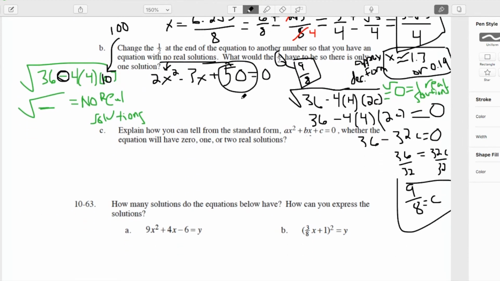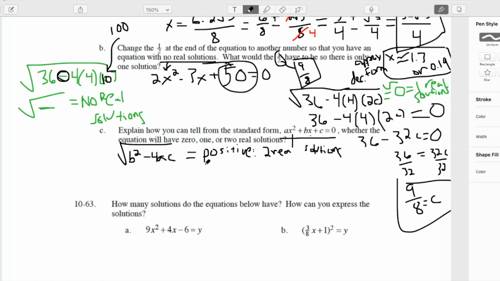Explain how you can tell from the standard form whether the equation will have 0, 1, or 2 real solutions. Well, it says the standard form all here. They all work in tandem together. So this is how you can tell. Square root of b squared minus 4ac, if it is positive, you'll have 2 real solutions.